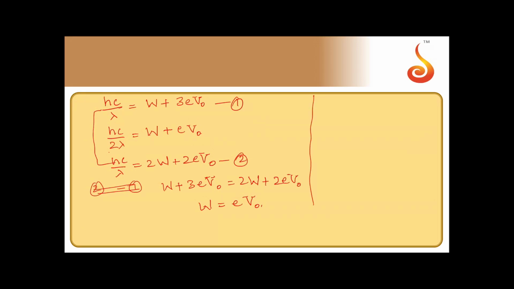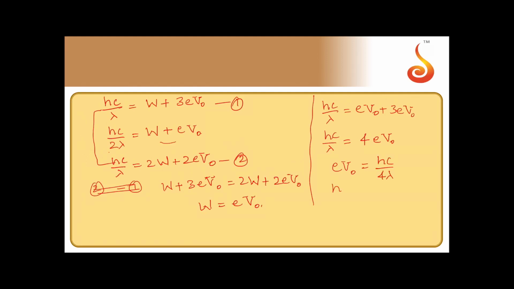So from this, what do we get? Substitute this in this equation. hc by lambda is equal to eV0 plus 3eV0. In the first equation, if I substitute, hc by lambda is equal to 4eV0. So eV0 is equal to hc by 4 lambda.